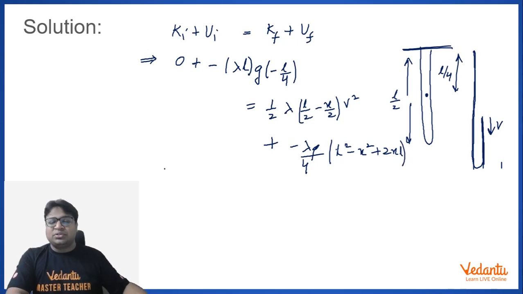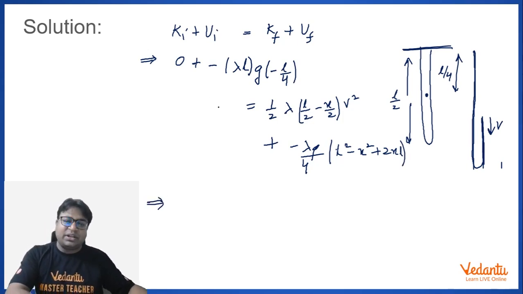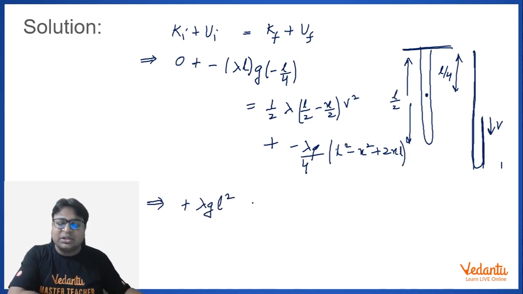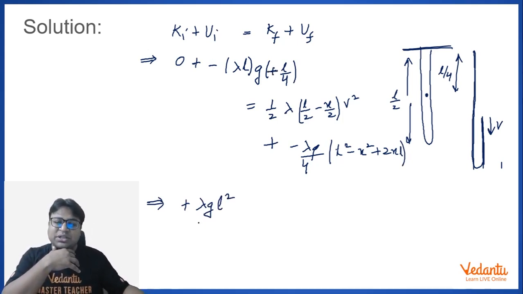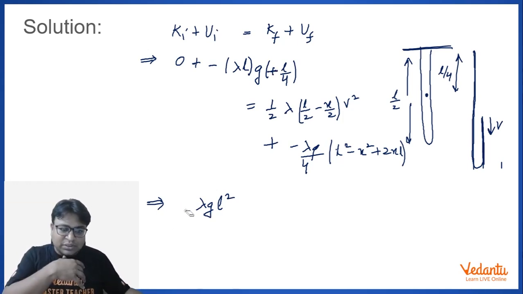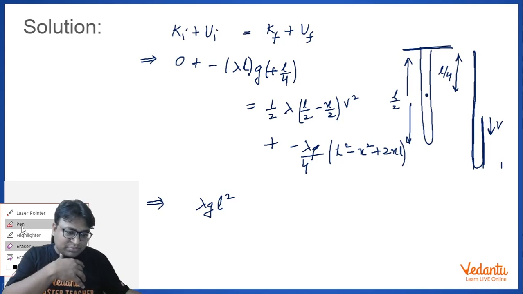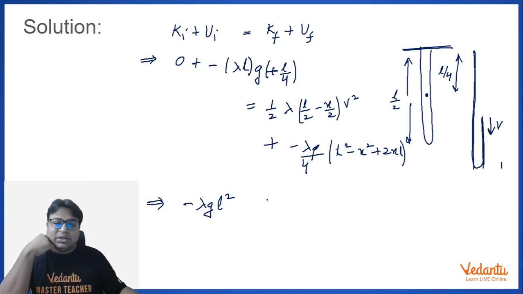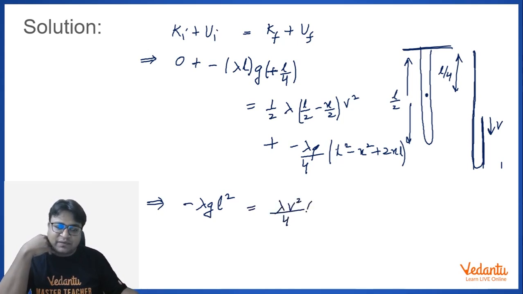All right, so this is what we have to simplify now. On the left hand side we have plus lambda g L square. Actually I used the minus sign twice, so let me just change it to plus. So in that case this will become equals to lambda v square by 4 into (L minus x) minus lambda g L square by 2.